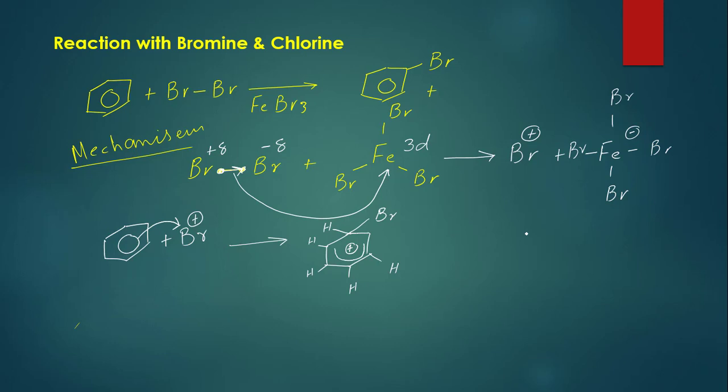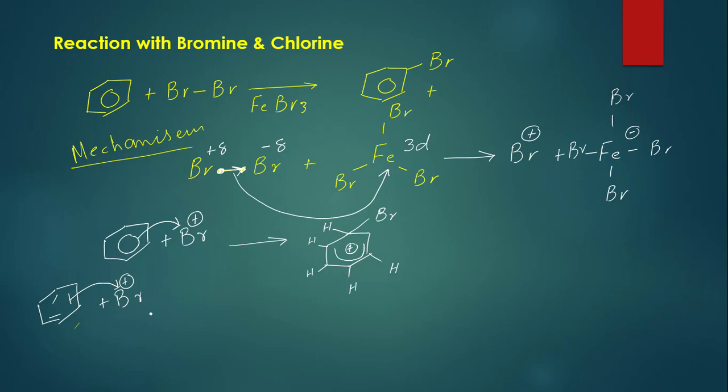Let me explain this phenomenon, why this positive charge and this curve are produced and what the representation of this is. Actually, when this pi electron system combines with this bromine, this bond is broken down.